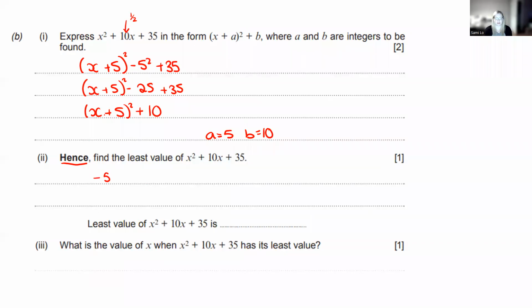Because if my x is -5, (-5 plus 5) squared plus 10, well, that's the same as me saying 0 squared, which is just 0, plus 10 is going to give me 10. So my least value here has to be 10.